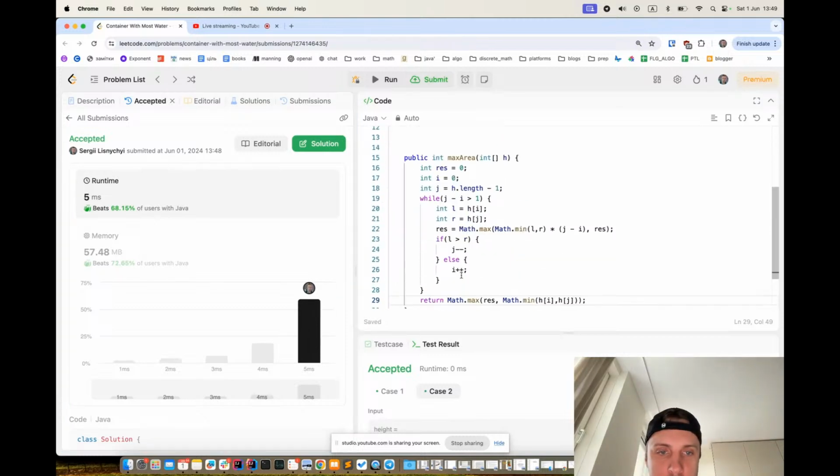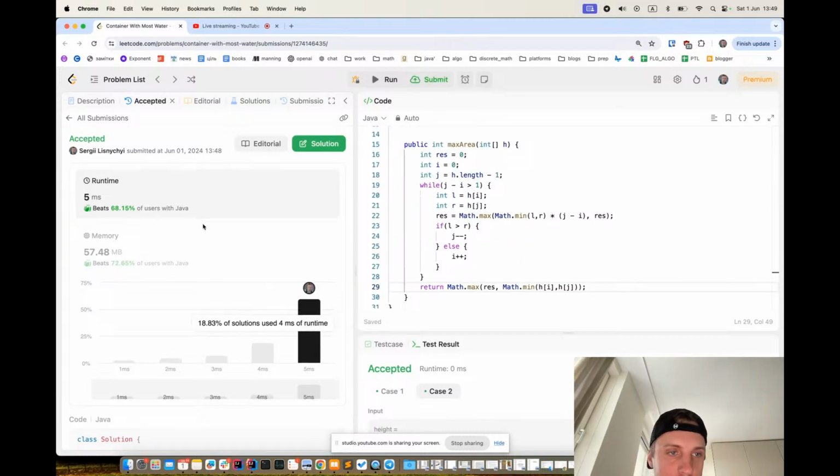Right, so this one is working, but as we see it's a slow one. Can we somehow improve this?